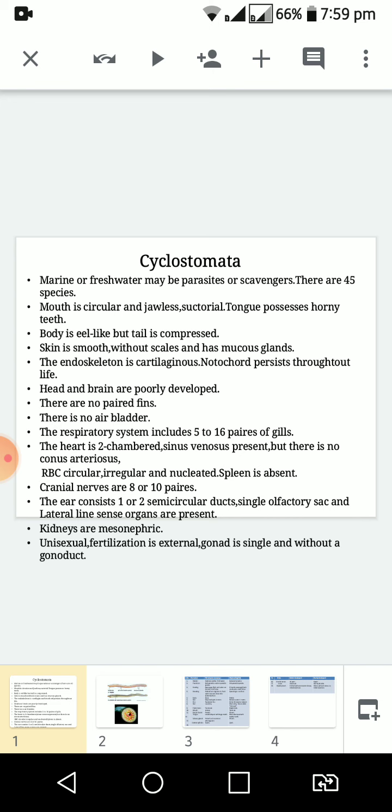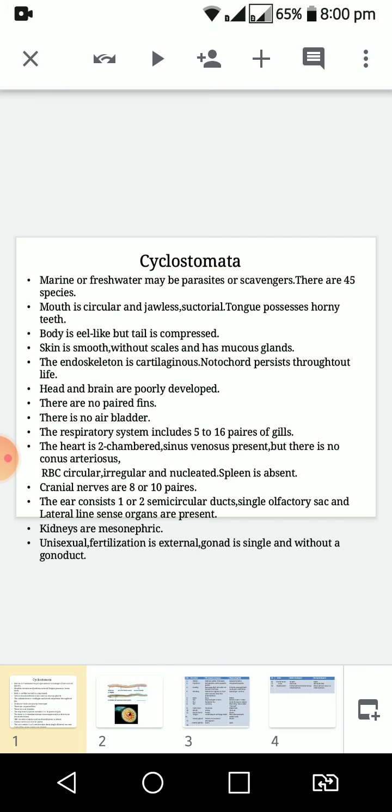The skin is very smooth, without scales, and mucus glands are present in the skin. The absence of scales is an important characteristic feature of Cyclostomata.